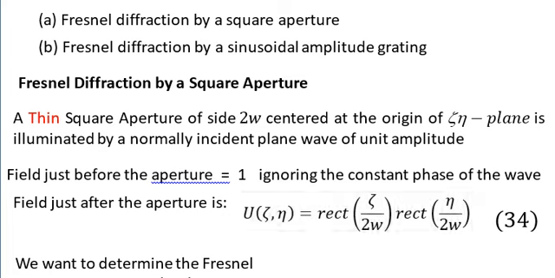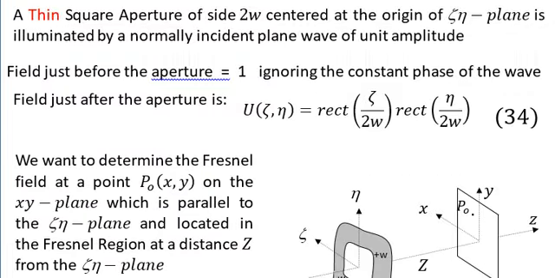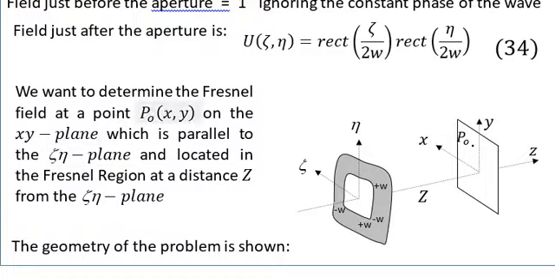This field, u of zeta and eta, due to the normally incident plane wave, is given in equation 34. We want to determine the Fresnel field at a point P naught at coordinates x, y on the xy plane, which is parallel to the zeta eta plane and located in the Fresnel region at a distance capital Z from it. The geometry of the problem is shown.